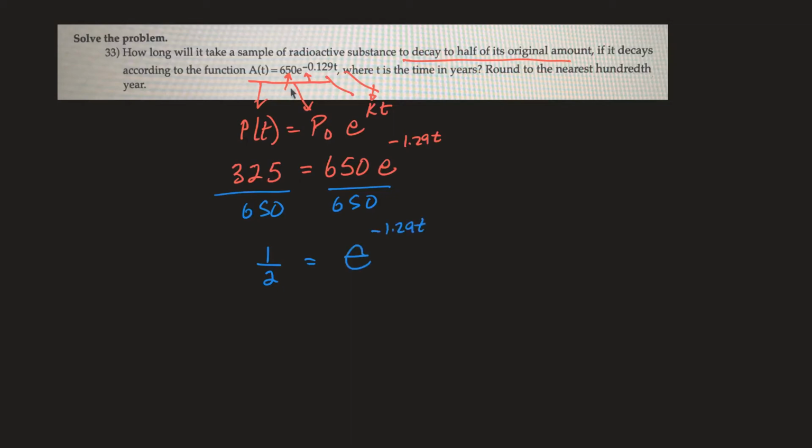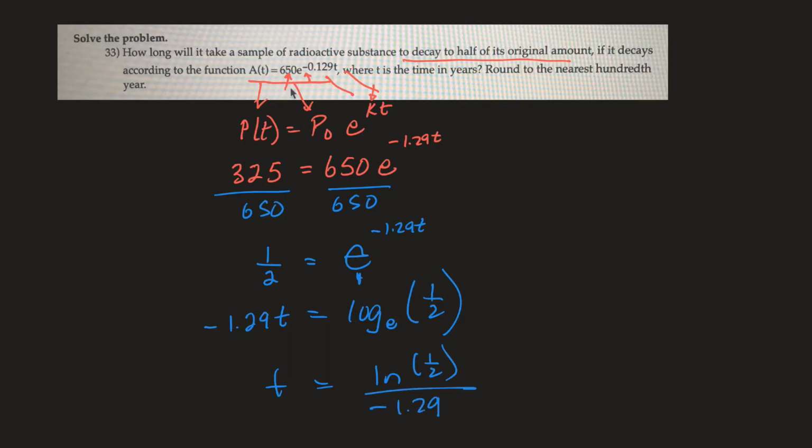Now here you can change it to log form if you want, or you can log both sides. Doesn't matter. I like to change it to log form, but either way is fine. So the exponent, negative 1.29 t, is equal to log base e, that's this e, of 1/2. Okay, to solve for t, log base e is the same as ln. So the ln of 1/2 divided by negative 1.29.